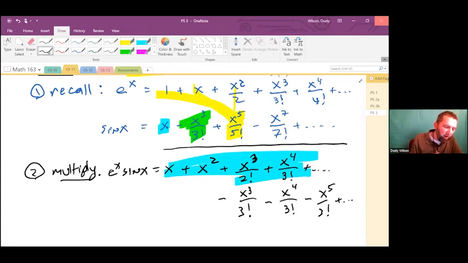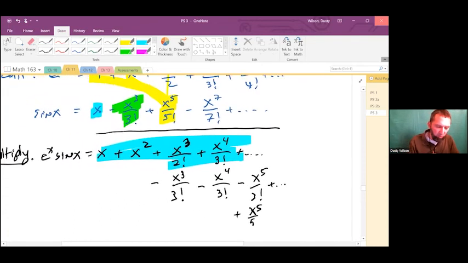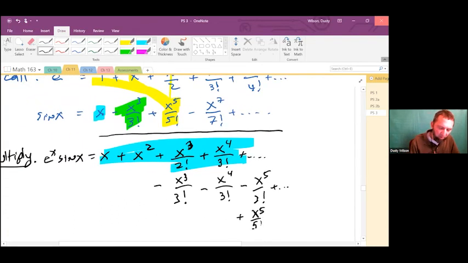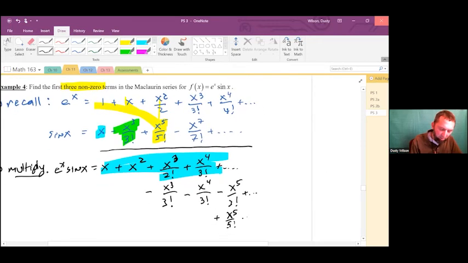So x to the 5th over 5 factorial times 1, that would be plus x to the 5th over 5 factorial, and then plus x to the 6th over 5 factorial plus x to the 7th over 5 factorial, and so on.